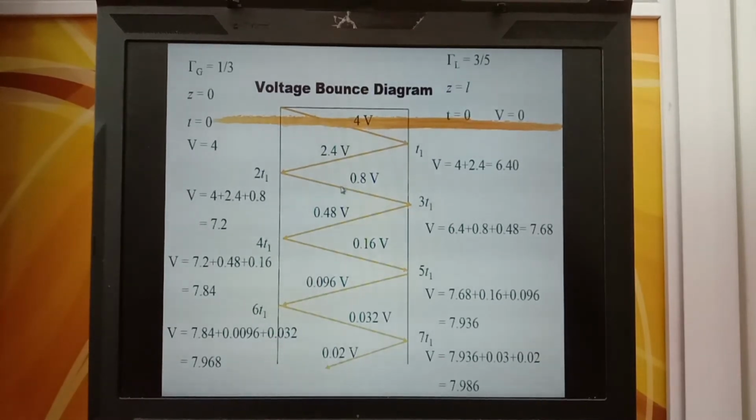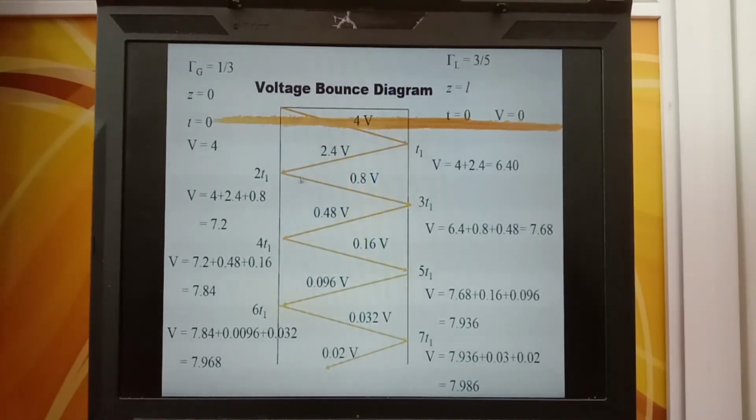That gives us 0.8 volt. But the voltage at time t equals 2t1 at the generator will be given by this voltage 2.4 volt and also the reflected voltage 0.8 volt plus the initial voltage of 4 volt. So that gives us a voltage of 7.2 volt.